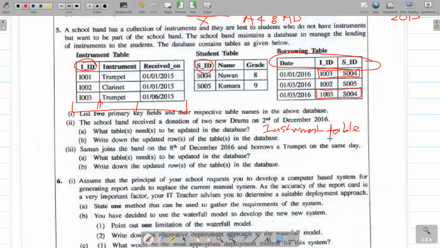Instrument table. And the updated record for the row, that's going to be like 1004. And what they are donating is drums, and the updated date, 2nd of December 2016.